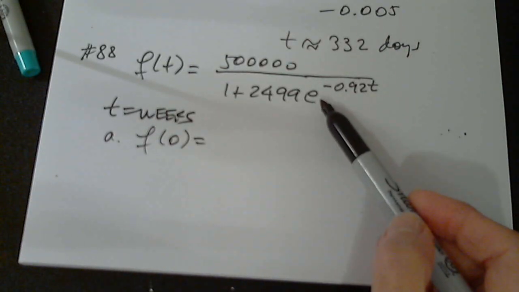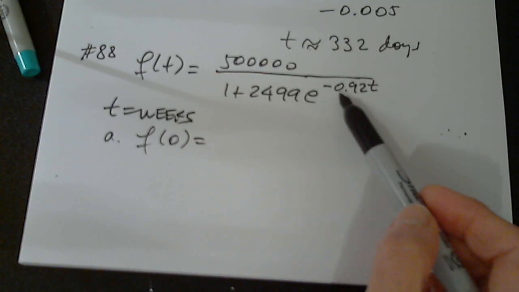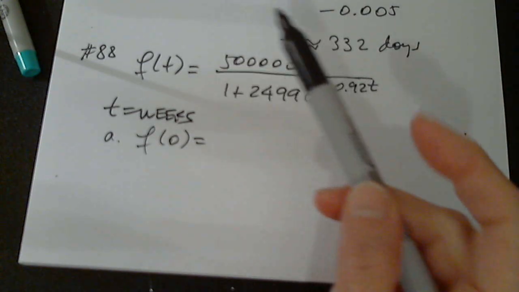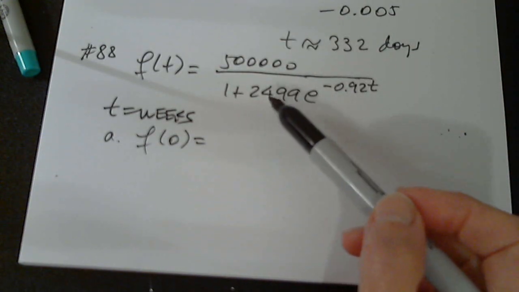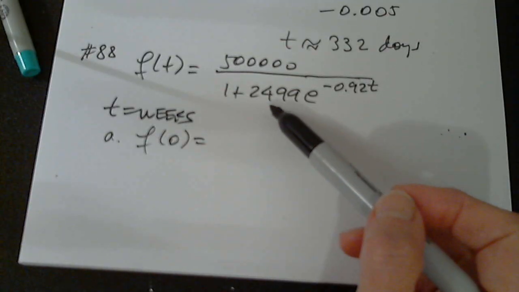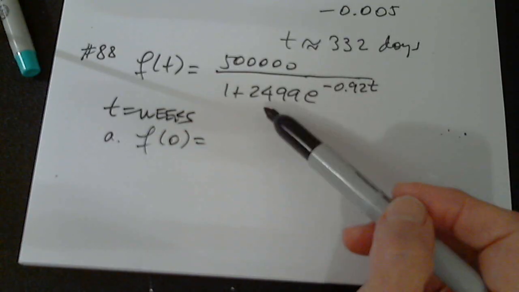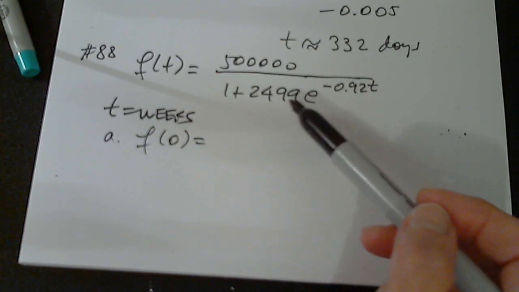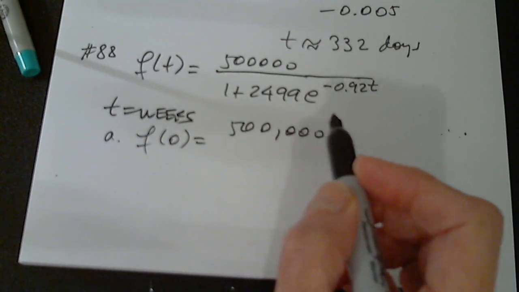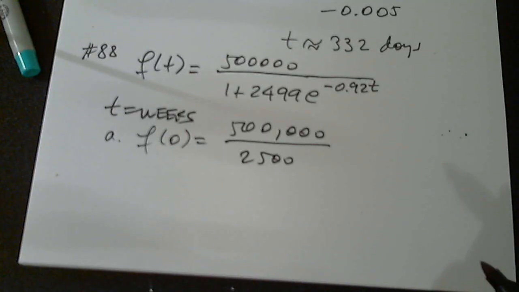Because when t is 0, the power is 0, but e to 0 is 1. 1 times 2,499 is 2,499. Plus 1 is 2,500. So then I have 500,000 divided by 2,500.